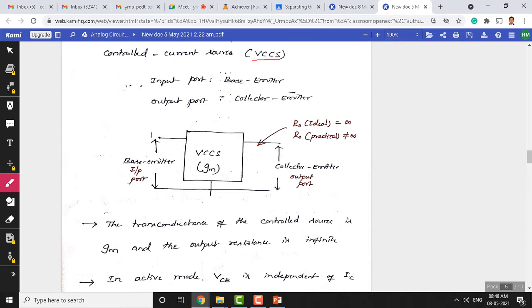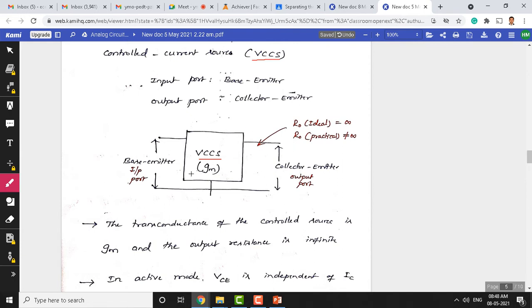Since we apply the input signal as a small signal, the BJT here behaves as a voltage controlled current source, and since it is a voltage controlled current source, output is going to be the current and input is going to be the voltage. So that's how this gm relates. So gm controls the output current if input voltage is varied. So that's how the gm is measured here.